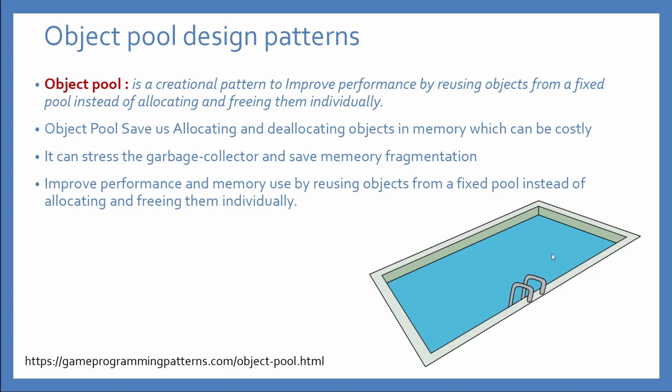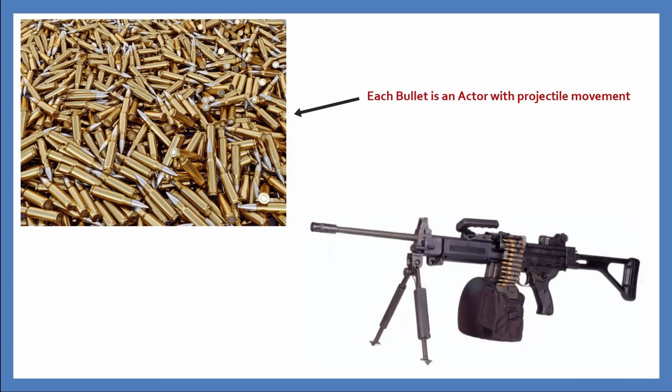So imagine a pool, but it's not a swimming pool. It will be your pool that holds all the instances that you need over and over again. Imagine that you have a machine gun. This machine gun will be an instance of a class, and each tiny bullet is an instance of a class, which has a collision, a velocity, and a mesh.